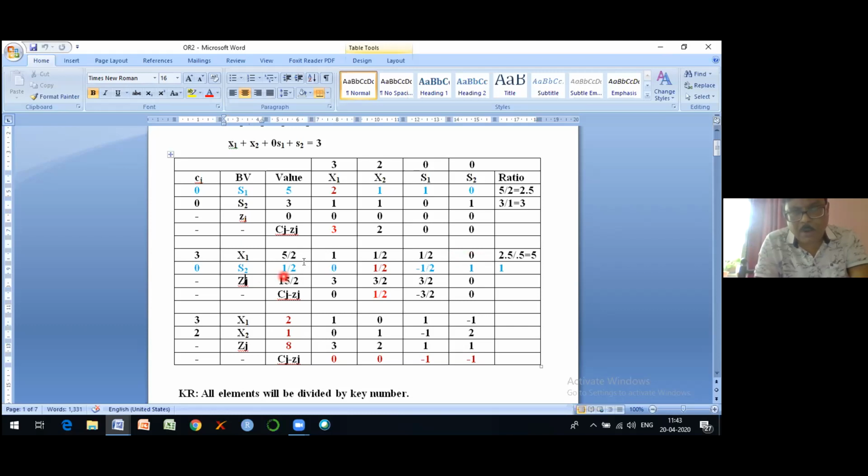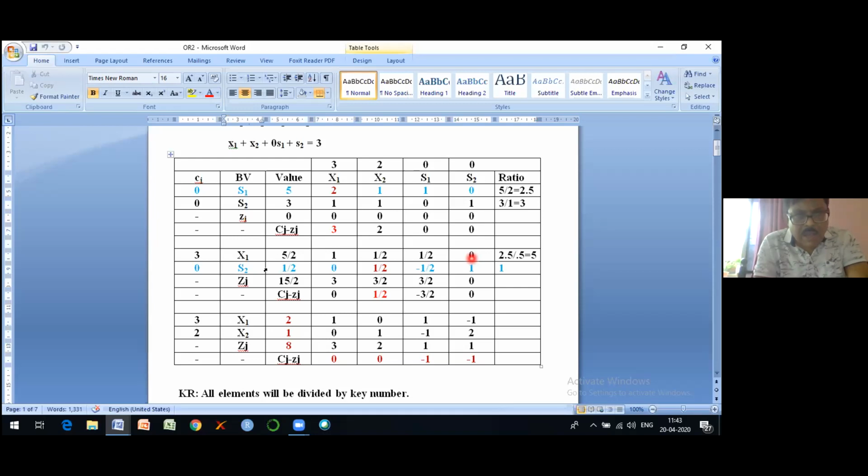How have we got these values? All the old values will be divided by the key number. Here this was the intersection point. So this is our key number. So we have divided all these values by the key number. So 5 by 2, 2 by 2 is 1, then 1 by 2, then 1 by 2, then 0 by 2 is 0.